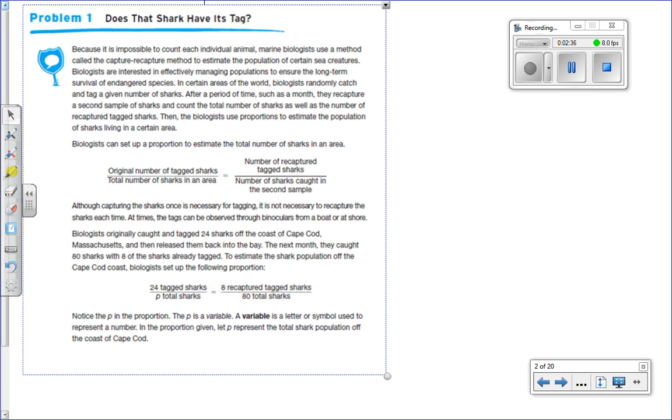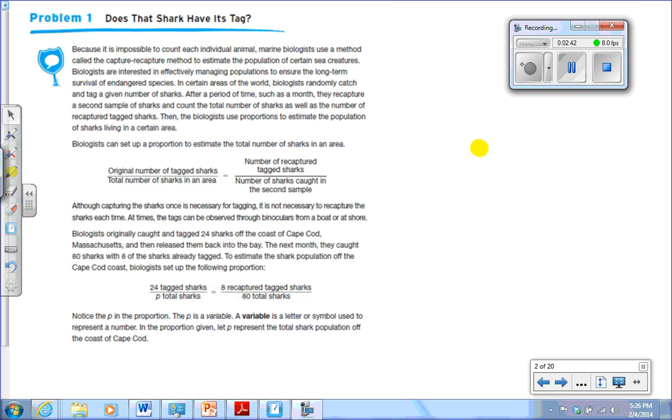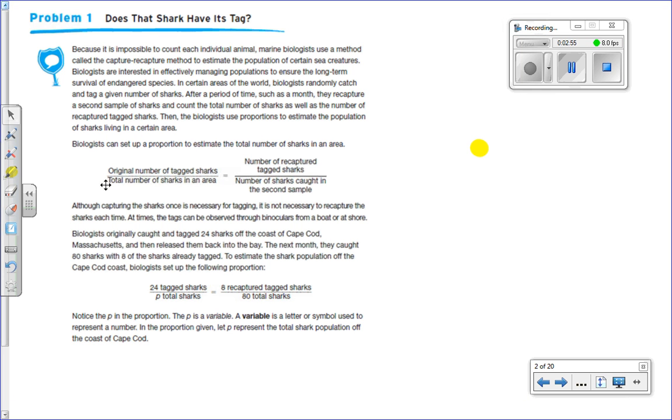So biologists can set up a proportion to estimate the total number of sharks in an area. In this proportion, they set up using the original number of tagged sharks over the total number of sharks in an area. What's important to notice about this is the total number of sharks in an area and then the number of sharks caught in a second sample.